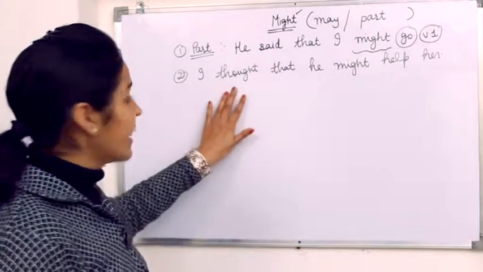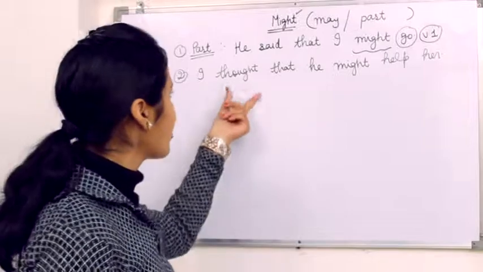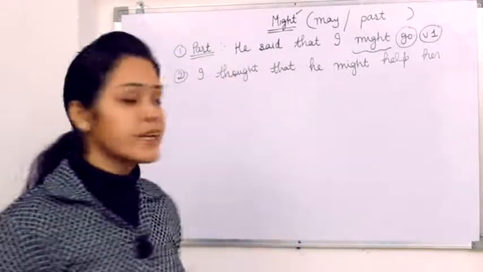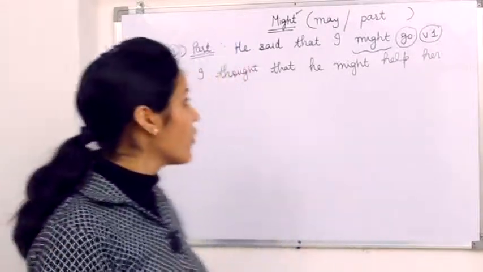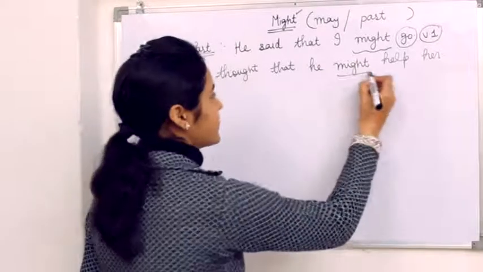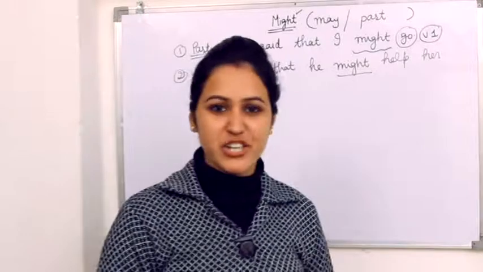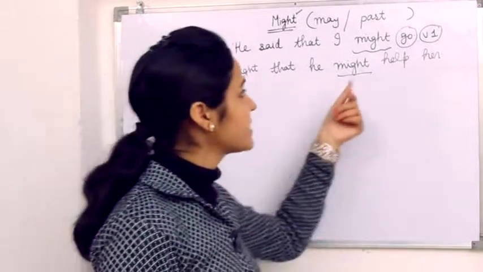So it is his mentality that he thought that he might help her, means there is a condition that he may help her or not. So we use might here. This is about some kind of condition, means he thought he might help her.